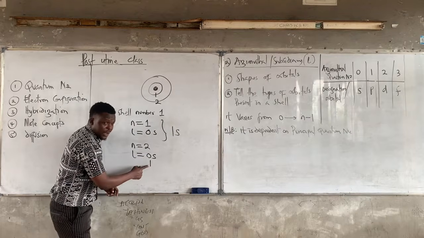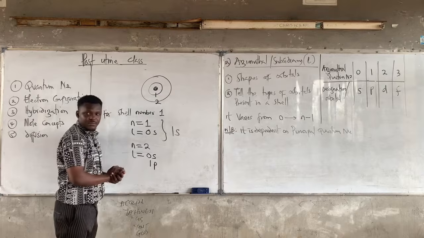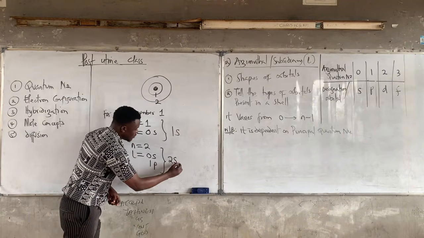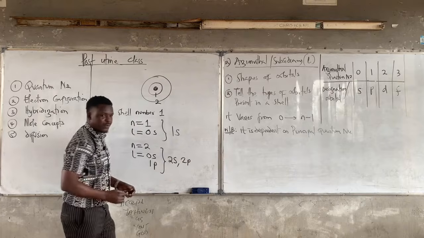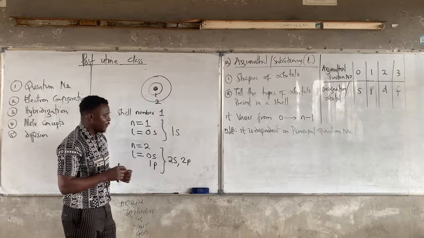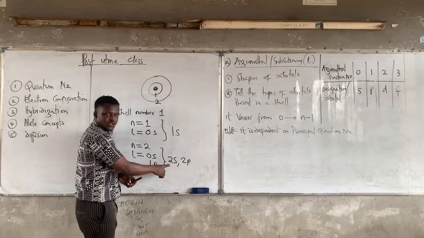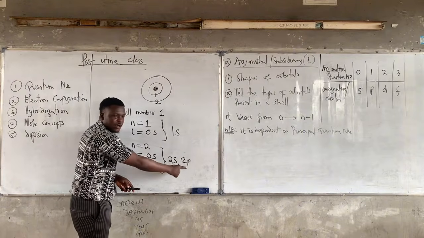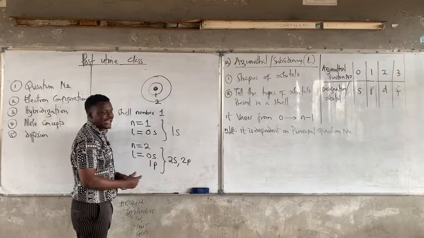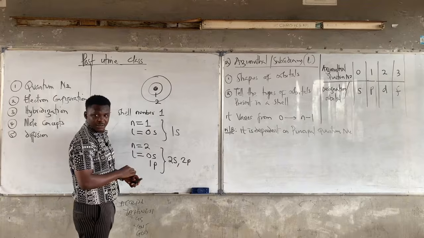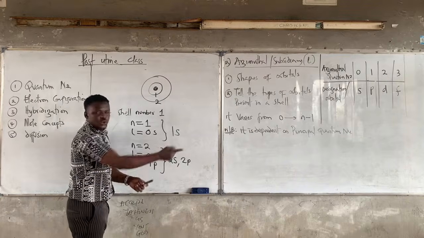For 1, which orbital is for 1? So shell number 2 can have what? 2s and 2p. So azimuthal is telling us that shell number 2 can only have s and what? P. That is why you can never see 1 having 1p. You can never see 2 having 2d.